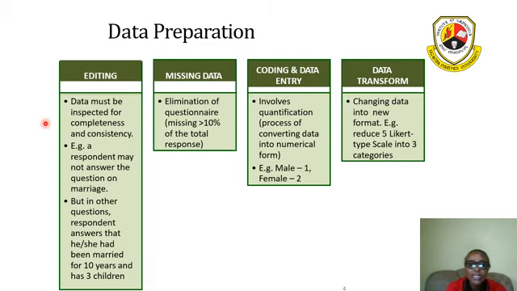Well, we start by editing. Once you've collected data through a survey, you may find there are some inconsistencies in the responses. Take an example. You may have a respondent who may not have answered the question on whether they are married, but went on somewhere to say they've been married for 10 years. So that would be an edit.